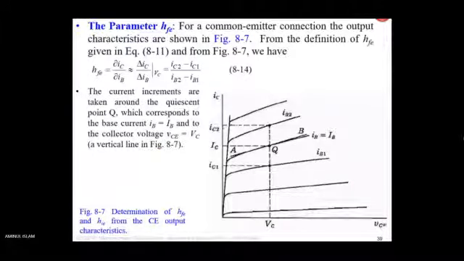Now, how to find out an H parameter like HFE or another parameter like HIE? See, if you have a transistor, a BJT, a bipolar junction transistor, normally the manufacturer will give a data sheet in which various plots and its H parameters will be given.